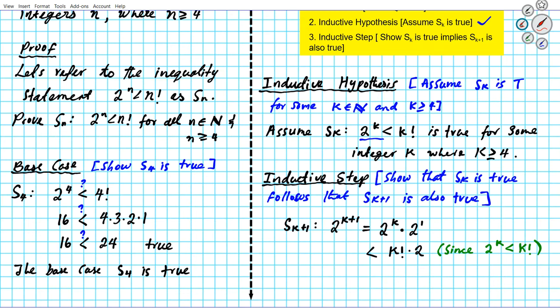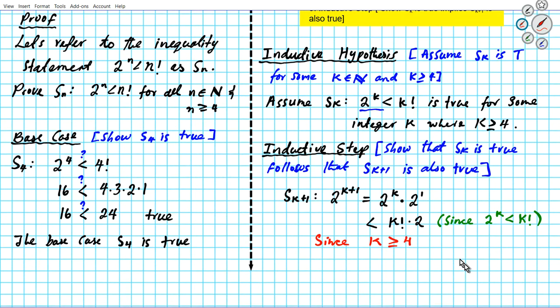What do we know about the domain? We know that k has to be bigger than or equal to 4. Since k is greater than or equal to 4, how does 2 compare with k? If k is greater than or equal to 4, that means 4 is less than or equal to k.